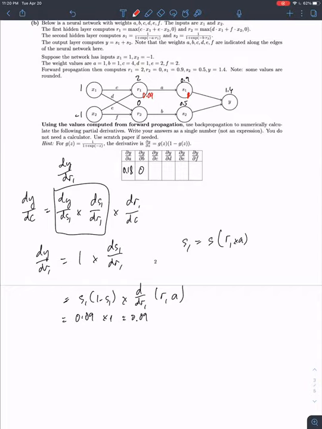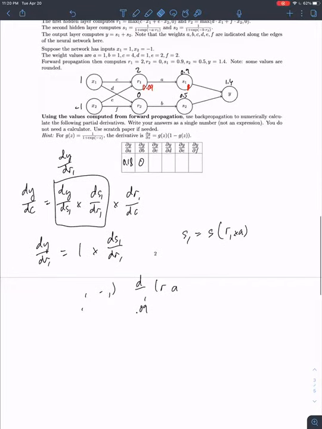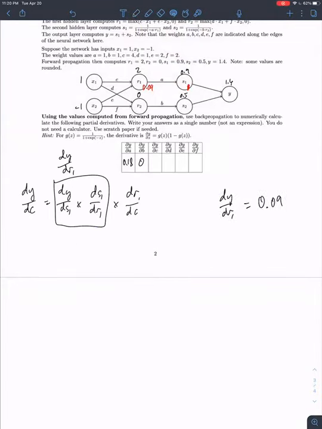All right, let's delete a bunch of this stuff. So dy dr1 is equal to 0.09. Move it across here.